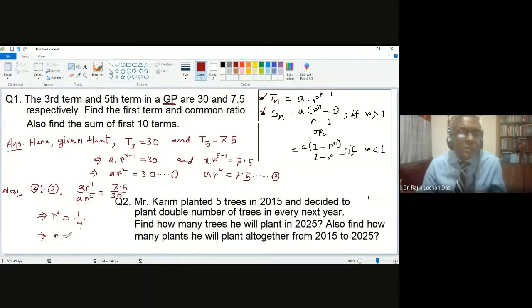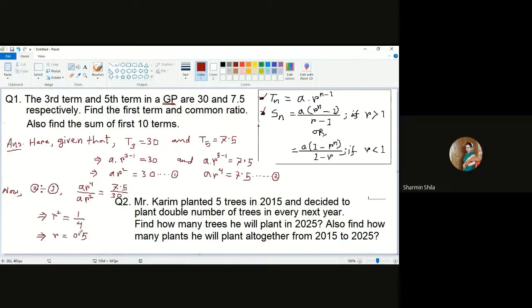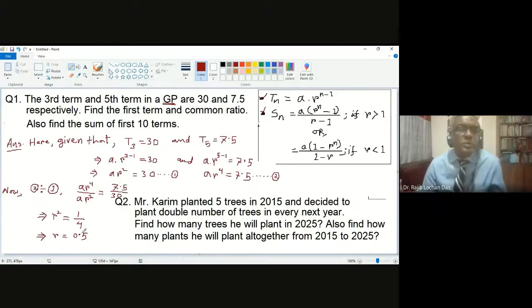What will be R? 0.5. So this is one thing you need to find out. Common ratio, common ratio is R. So one thing is found already.